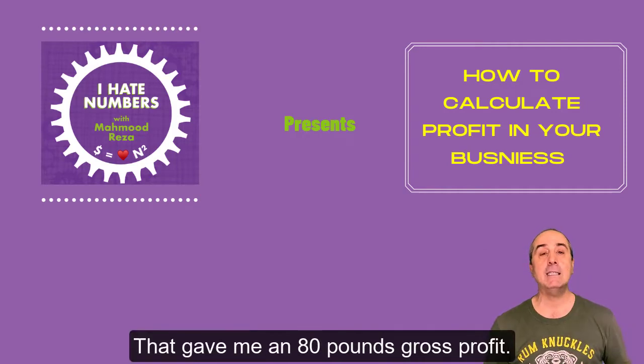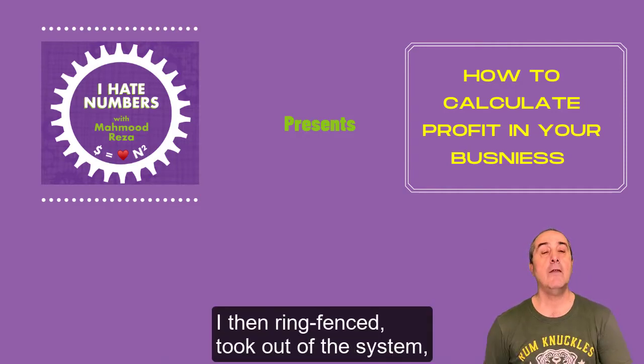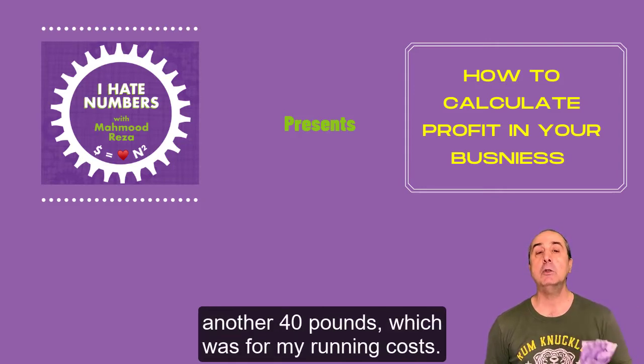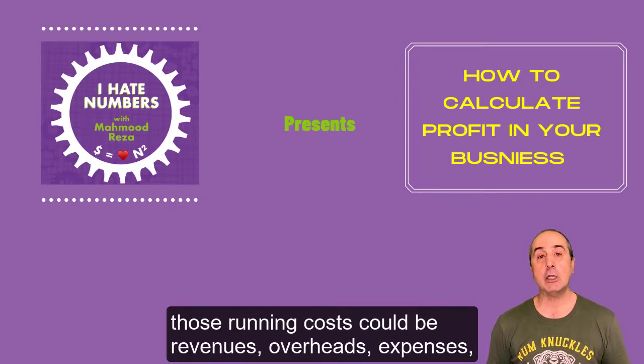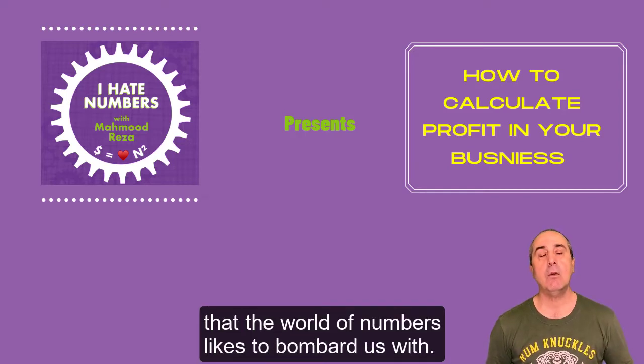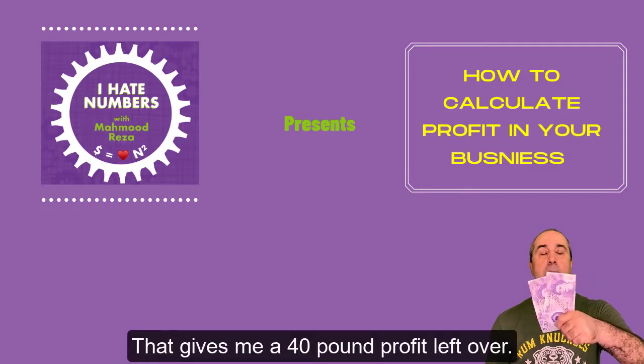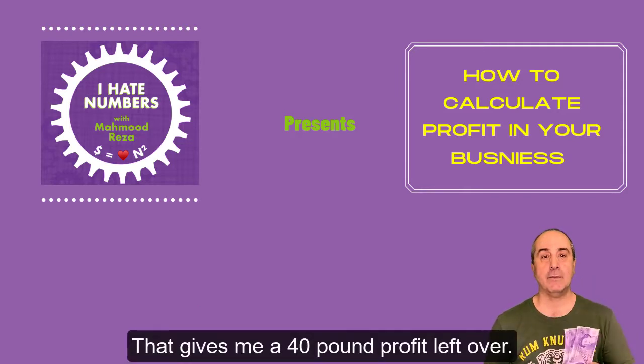That gave me an £80 gross profit. I then ring-fenced, took out of the system another £40, which was for my running costs. Now in terminology terms, those running costs could be revenues, overheads, expenses, the whole bunch of terms that the world of numbers likes to bombard us with. And that gives me a £40 profit left over.